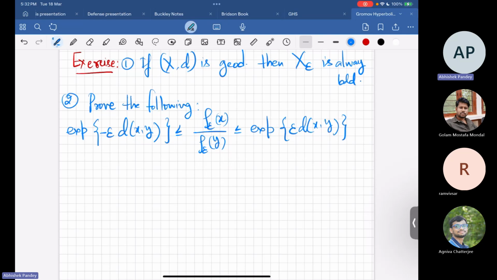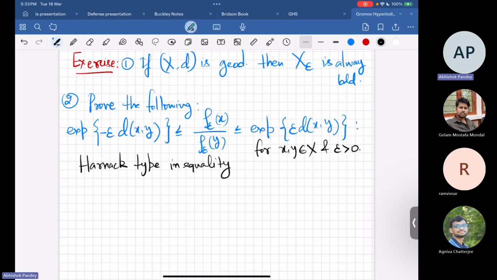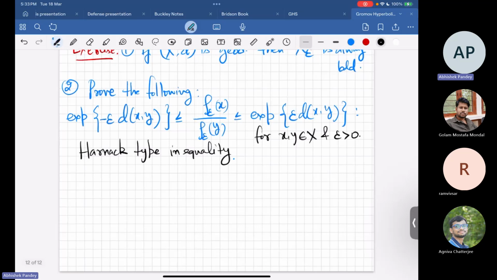Just use the triangle inequality. So this is known as the Harnack-type inequality, for x, y belonging to X and epsilon positive. Okay, so use the triangle inequality to prove this one.